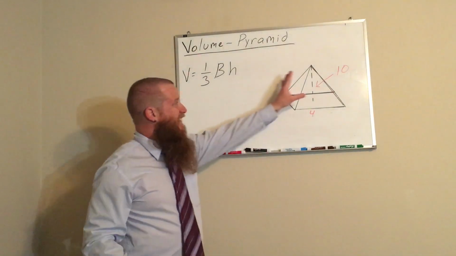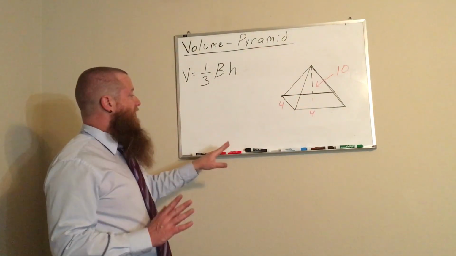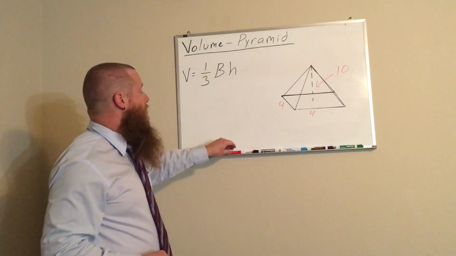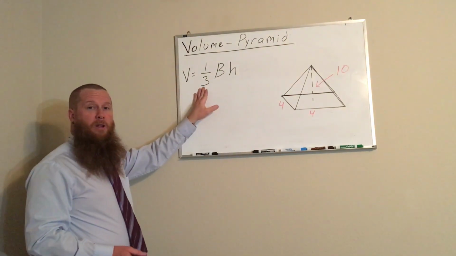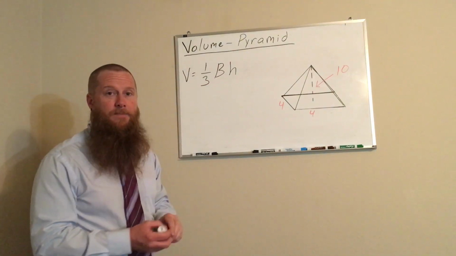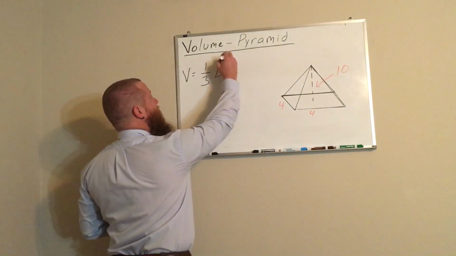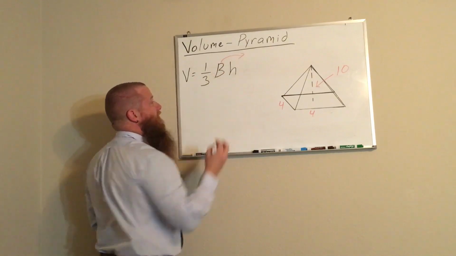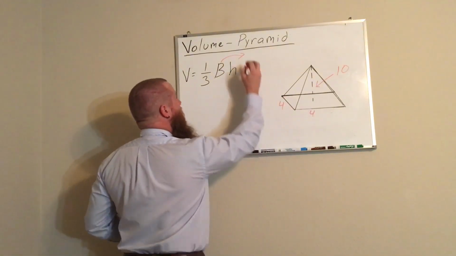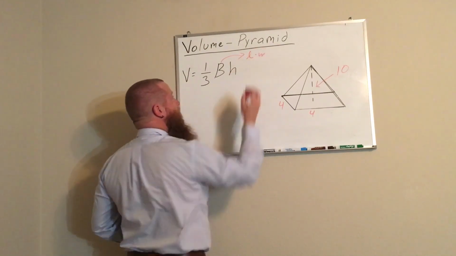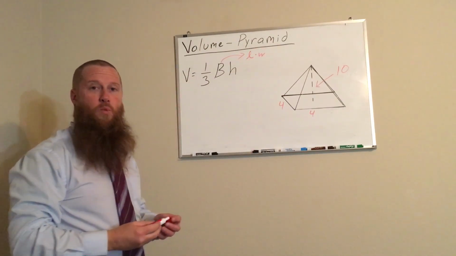Anyway, what we're going to do today is calculate the volume of a pyramid. Now hopefully you can see I have a pyramid up here. We're trying to keep it as simple as possible. The formula for volume of a pyramid is 1/3 base times height. And as previously discussed, capital B stands for area of the base. So this base is a square, so it's basically length times width.